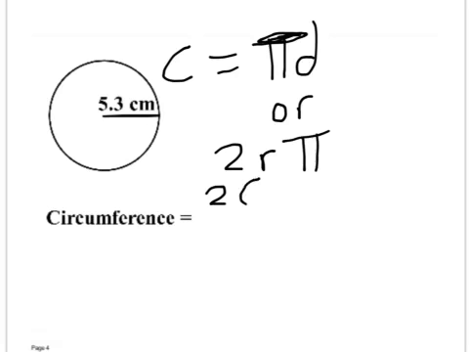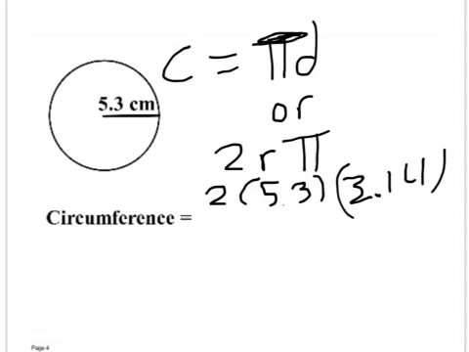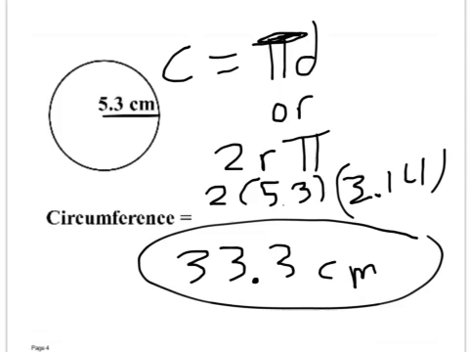So I take 2 times 5.3 times 3.14. I get 33.3. You're supposed to round to the nearest tenth. So 33.3 centimeters. That's the distance around the circle. Any questions?